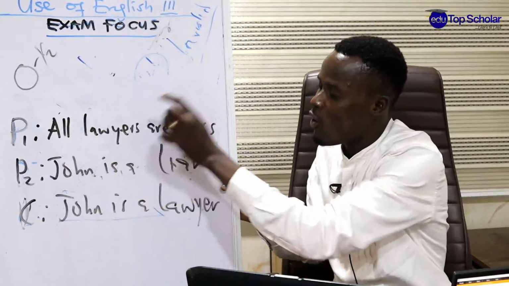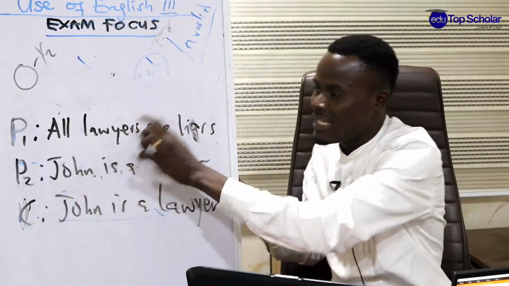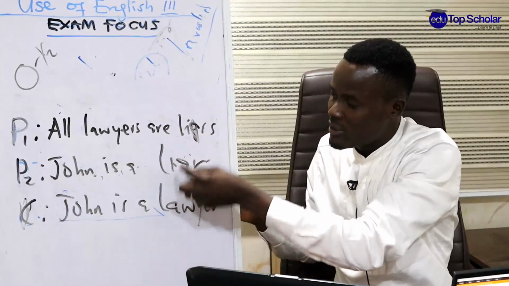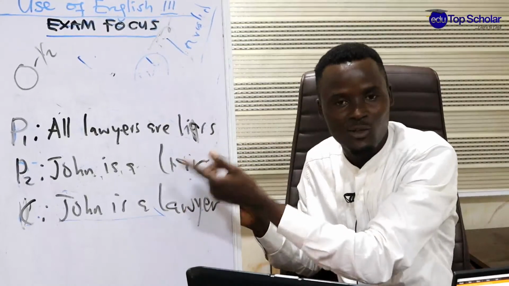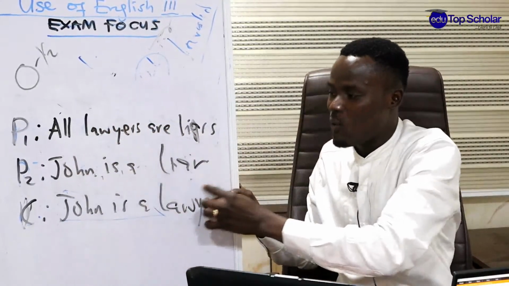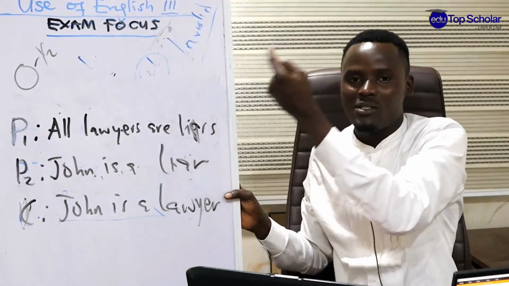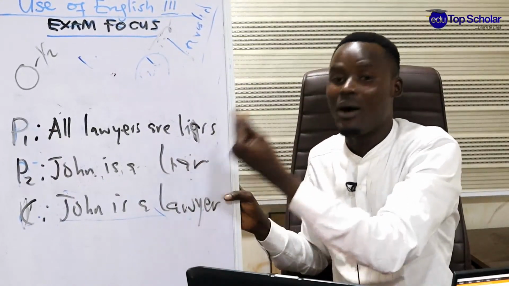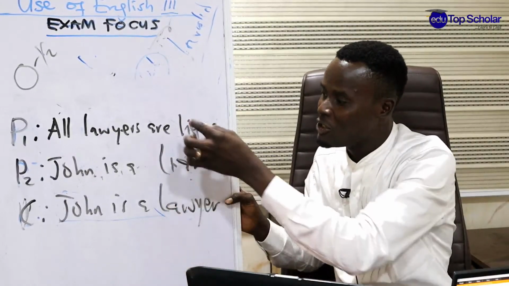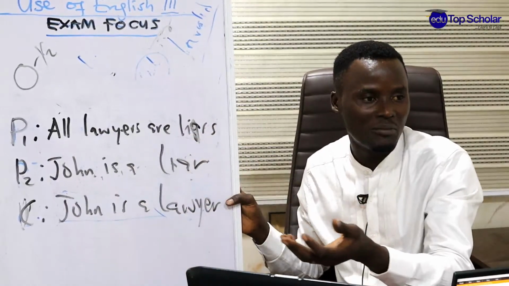So if all lawyers are liars and John is not a lawyer, we cannot now say that John is also part of the team. It's not true. John is a liar who can be a doctor, so it's not logical to imagine that John is a lawyer. John can be a liar and be a doctor, might not be a lawyer.